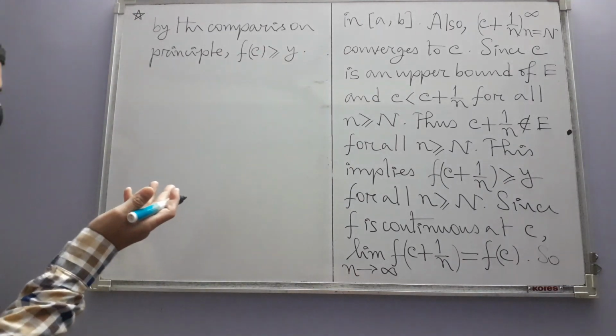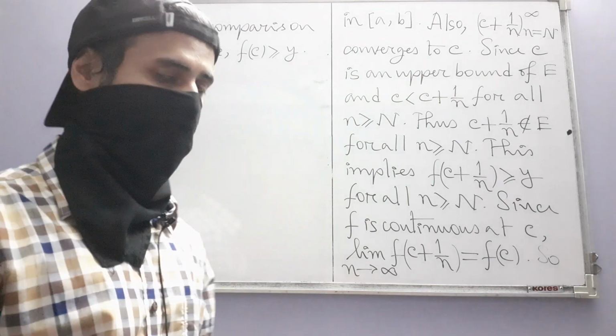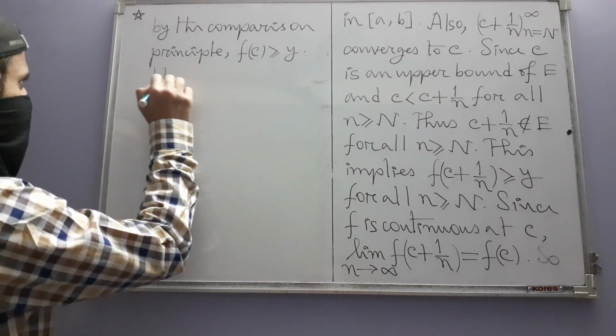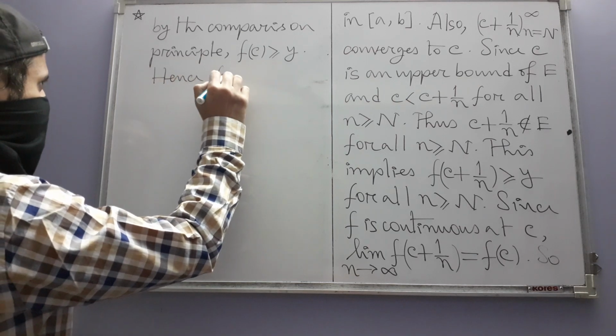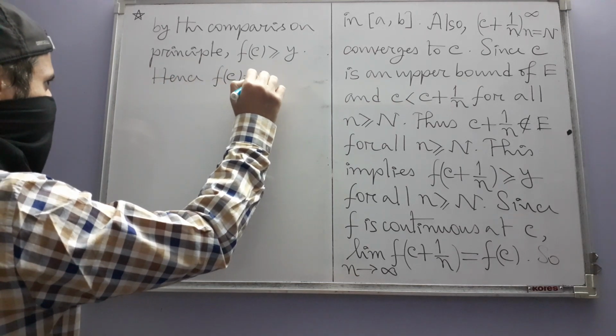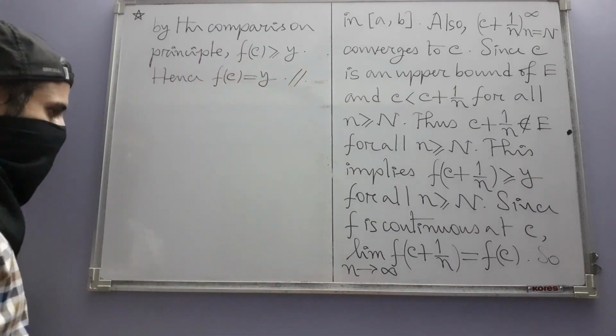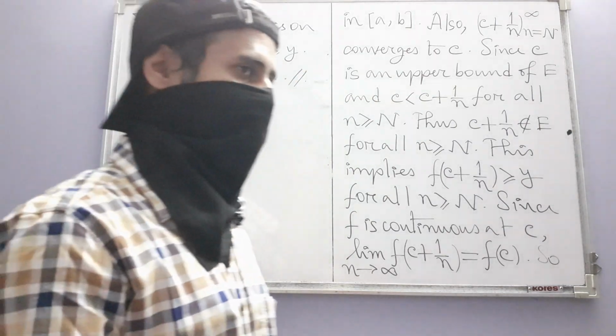So you can see that we have also got the other inequality that we were seeking. Hence, f of c is equal to y. That was the claim. So this completes the proof of the intermediate value theorem.